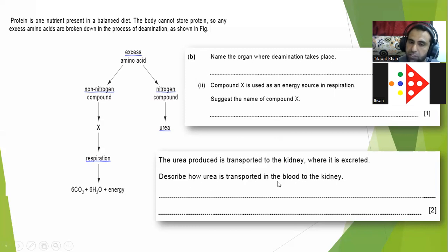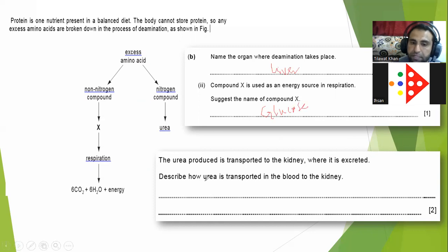Describe how urea is transported in blood to the kidney. How is the urea transported in the blood to the kidney? All right, good. Here I mentioned the liver, right? Here is glucose, right?